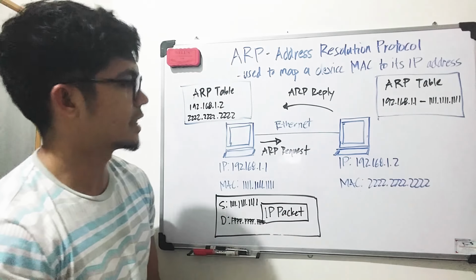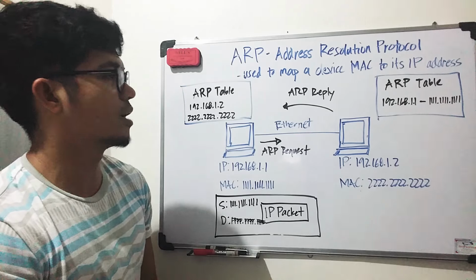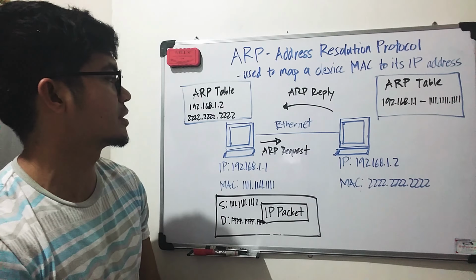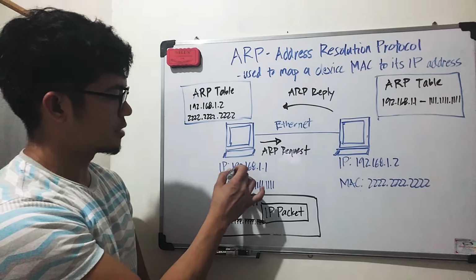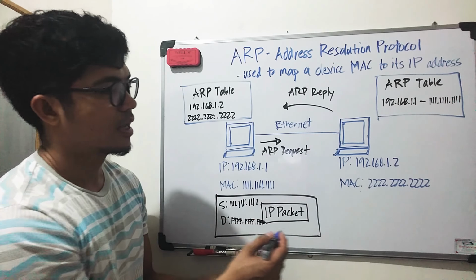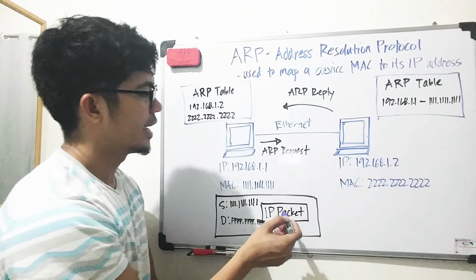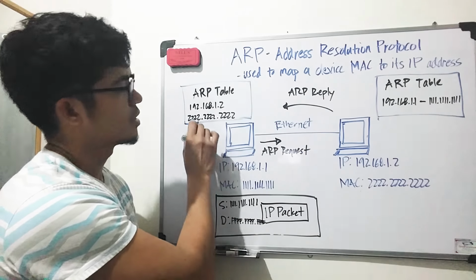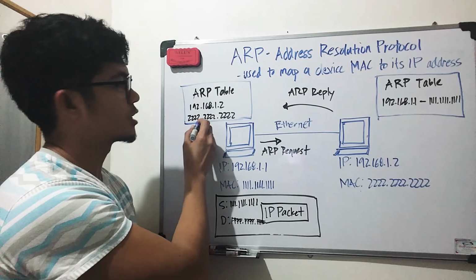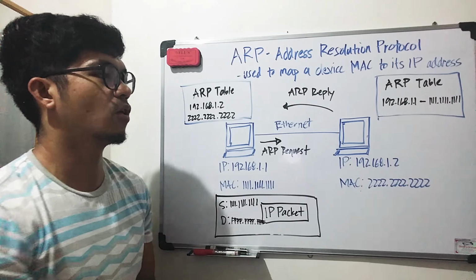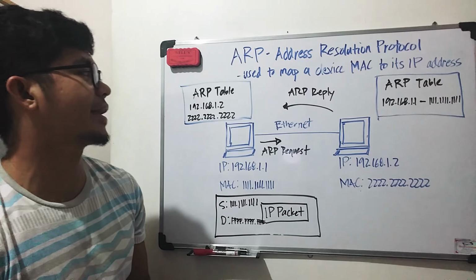It's not going to flood the frames, because the next time this PC sends a packet to this computer, it's going to use its MAC address here, because it already knows the MAC address.